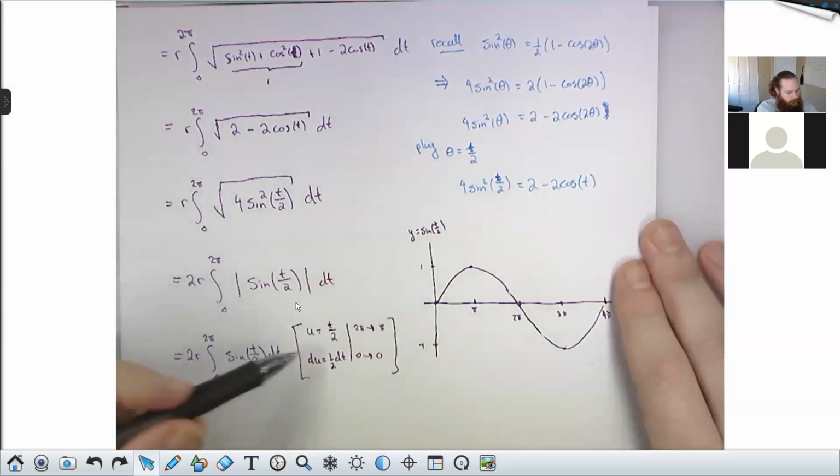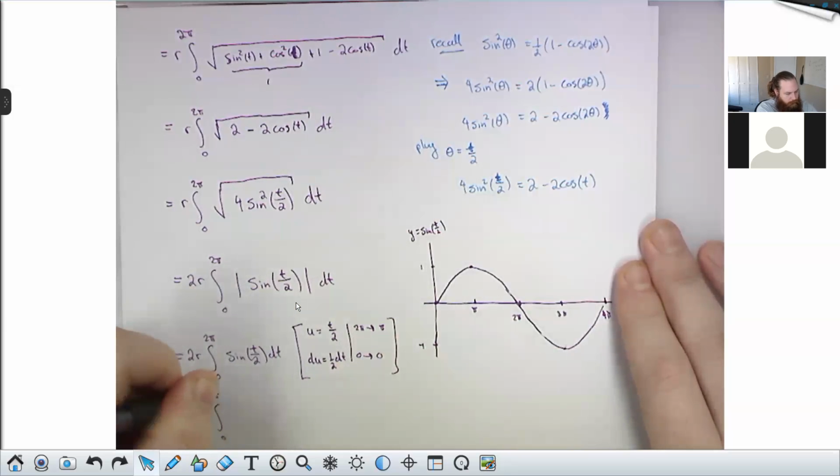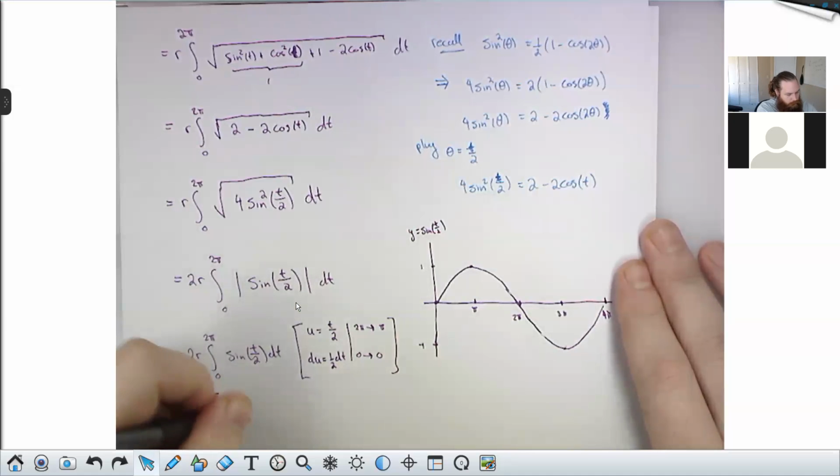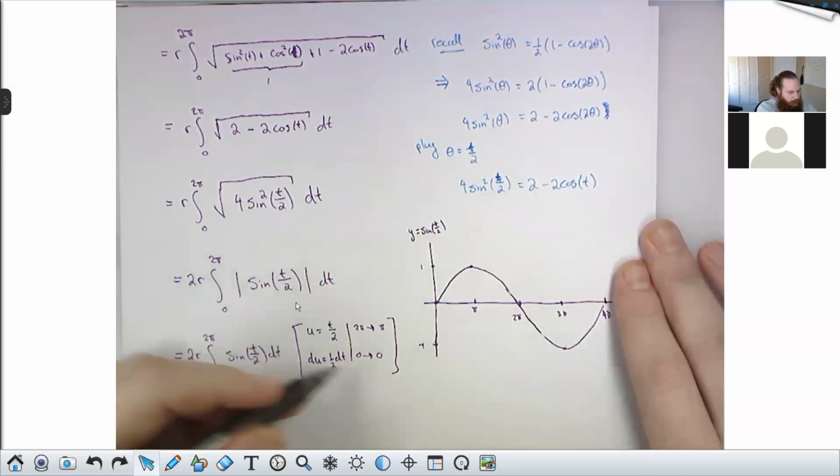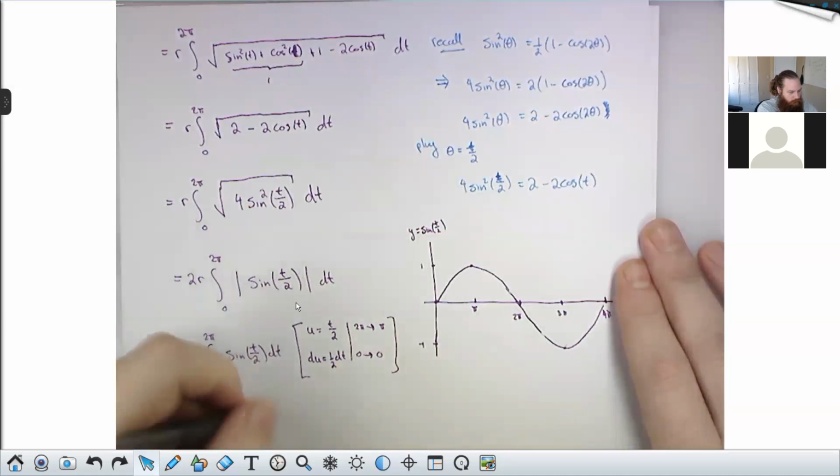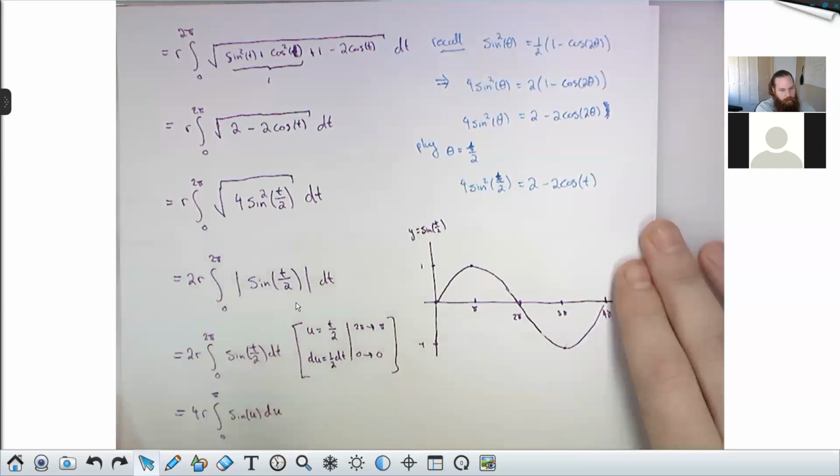So I'll get another 2 from the differential. So this will be 4r times the integral from 0 to pi of sine of u. And then dt, remember, is 2 du. I already brought the 2 out, so this is just a du that's left.